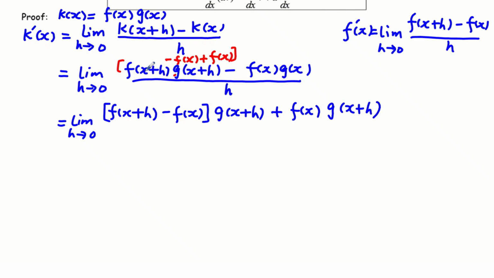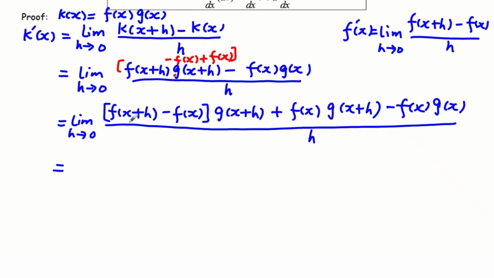So you will see three terms we separated. First two terms times g of x plus h, then plus f of x times g of x plus h. Then the last term we just copied here, minus f of x, g of x. Then all over h.